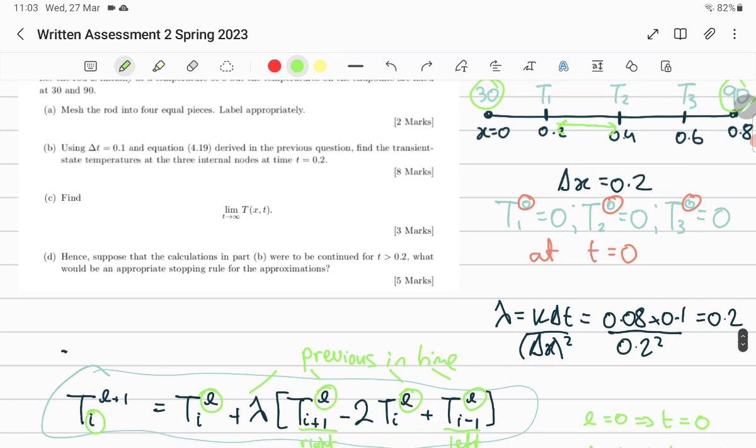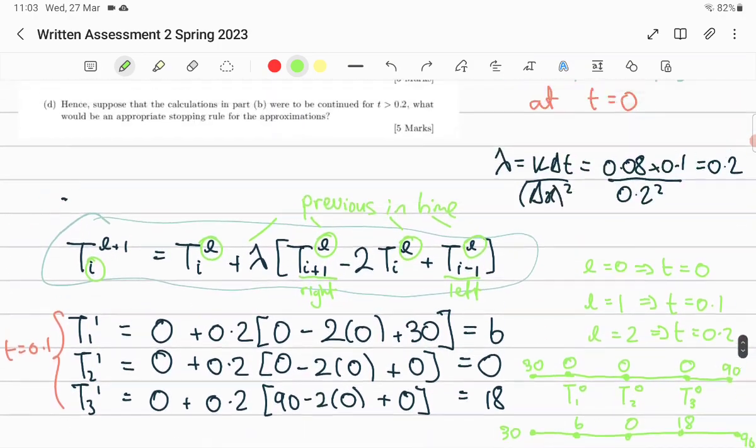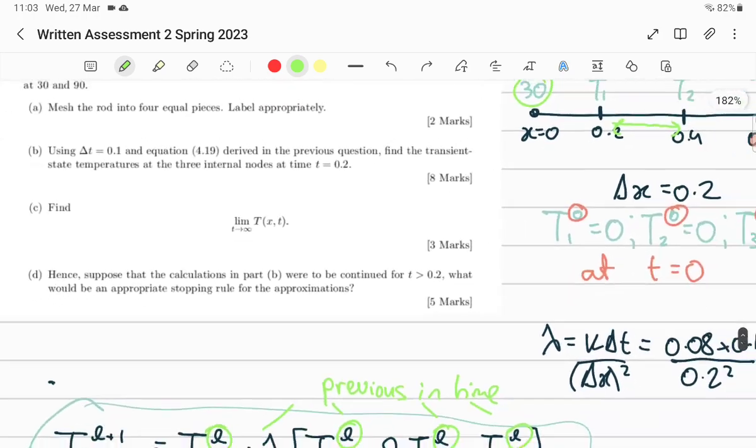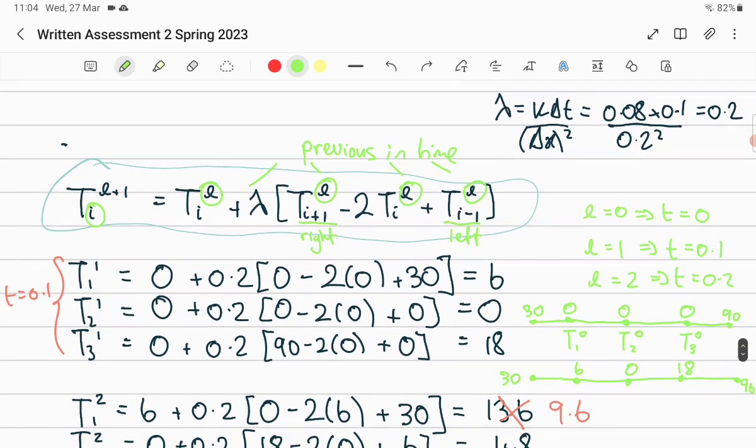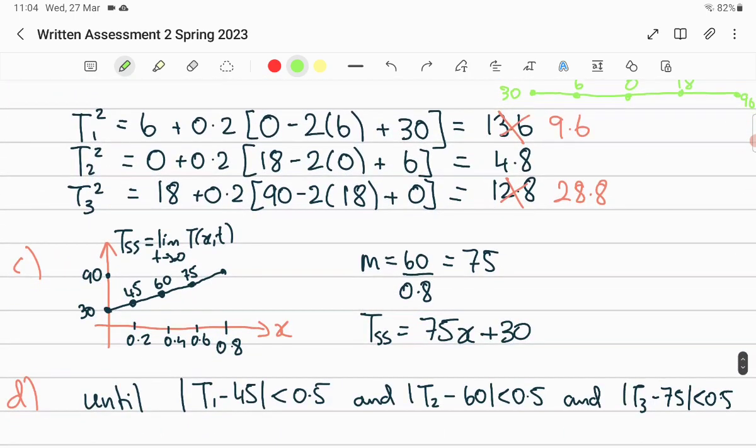And then find the limit as time goes to infinity of the temperatures. These are not the approximations, by the way, but because our lambda is less than a quarter, as time goes on we have stability, so we're going to get closer and closer to the steady state. So basically this question is asking about the steady state. Now the steady state is a straight line.